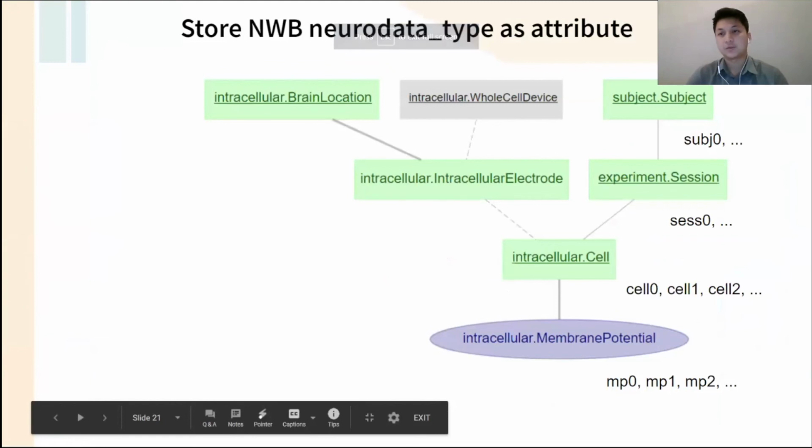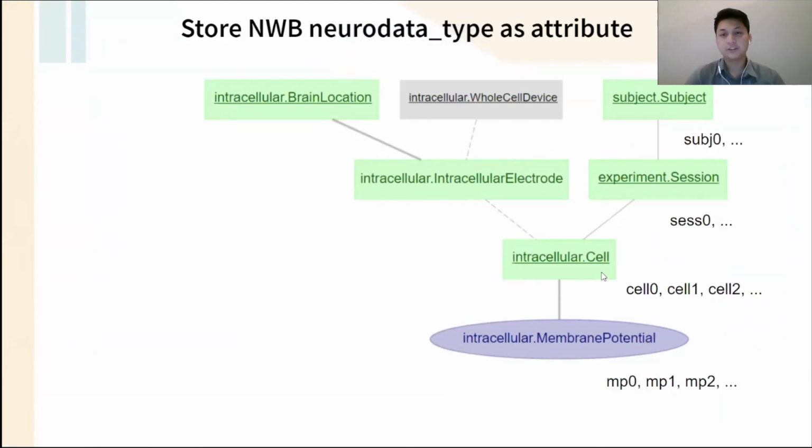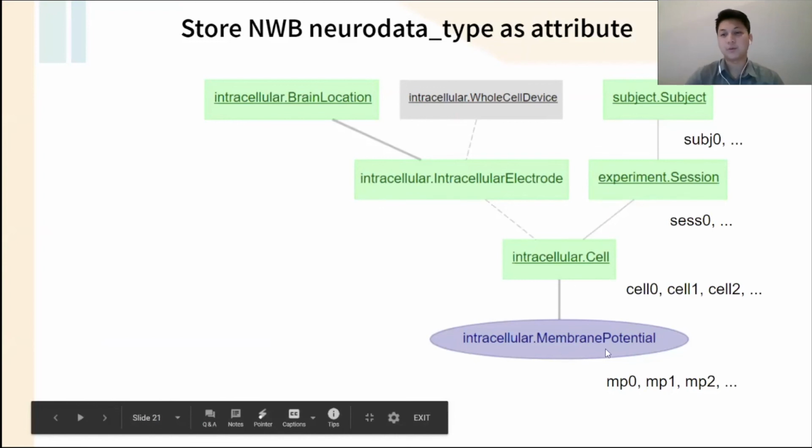Right, so as I just showed there, if we have this entire pipeline, let's just say that we have multiple sessions and we have multiple cells per session and multiple membrane potentials per cell, we would end up with multiple .NWB files for each of the sessions and multiple membrane potential .NWB files per session, and each of these membrane potentials has an external link pointing back to the sessions.